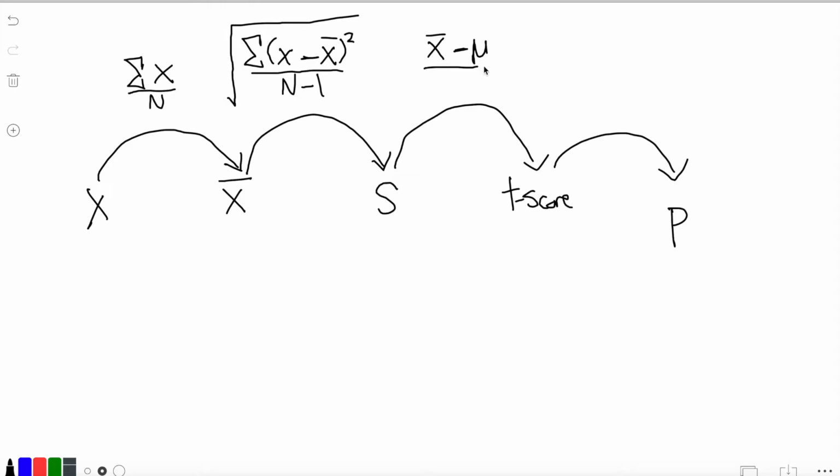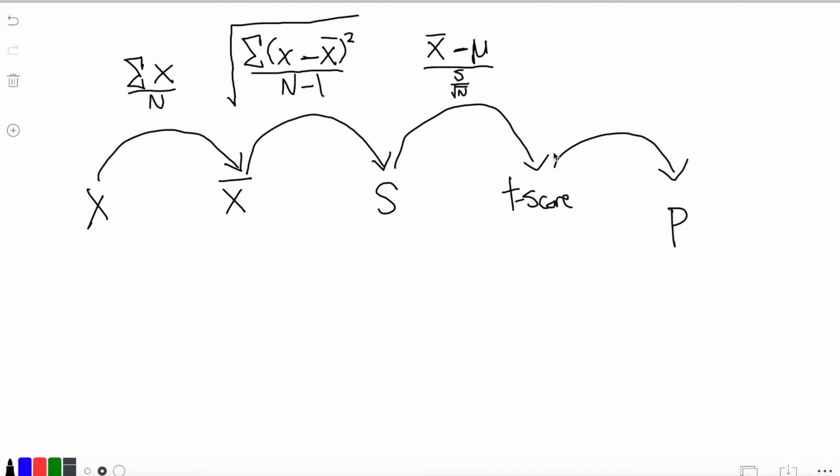Then we're going to divide this by our standard deviation divided by the square root of n. Now this part here is what we call a standard error. So it does look a little bit confusing, but don't worry about it too much. That's going to get our t-score.